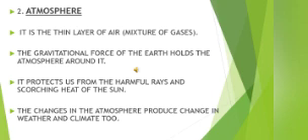Atmosphere also protects us from the harmful rays coming from the sun, ultraviolet rays and scorching heat of the sun. So atmosphere has a number of uses. It provides us different gases for the survival of living beings. It protects us from the harmful rays and scorching heat of the sun.